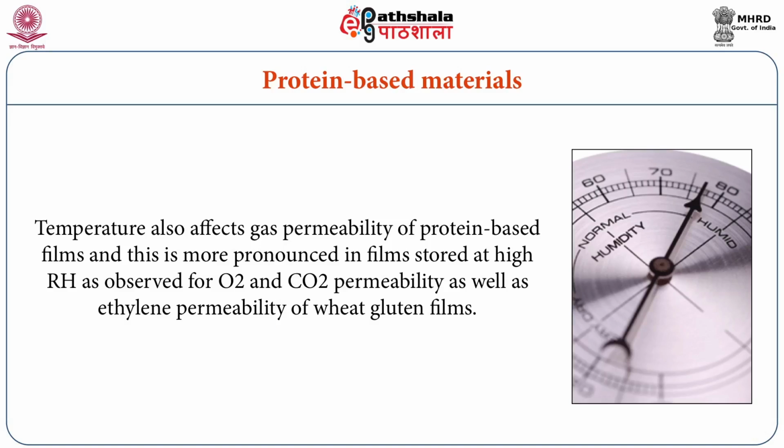Temperature also affects gas permeability of protein based films, and this is more pronounced in films stored at high RH, as observed for oxygen and carbon dioxide permeability, as well as ethylene permeability of wheat gluten films.